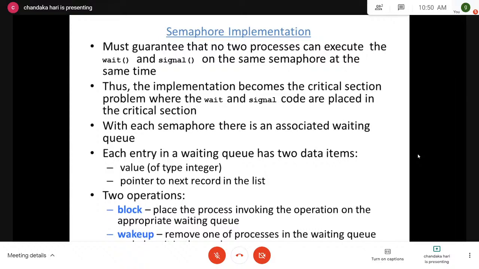Once the resource becomes free, we need to allocate this semaphore to any one of the waiting processes, which may be done depending on priority or whatever it may be. So you need to maintain another thing called the waiting queue. What is this waiting queue? The list of processes which are waiting for this particular semaphore.